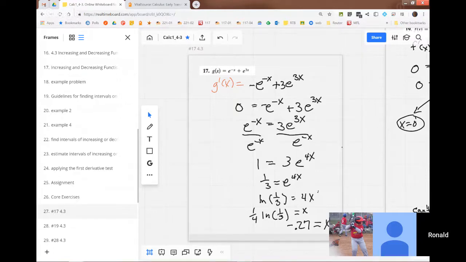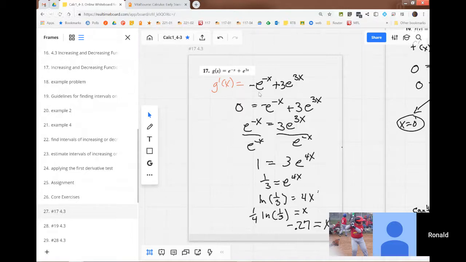So then you would go back to our derivative here and plug in a number to the left of this. How about we do -1. What happens when you plug in -1 up here? Well, negative x would be +1, so you get -e.